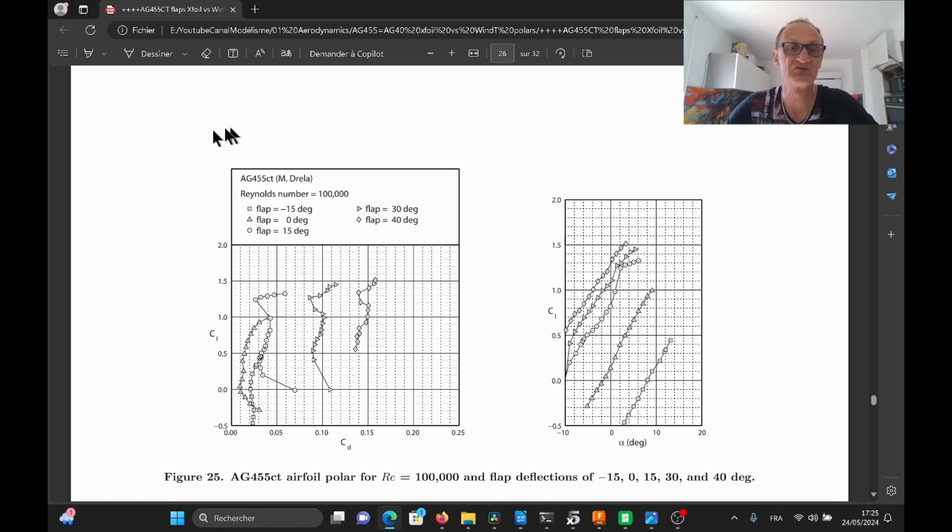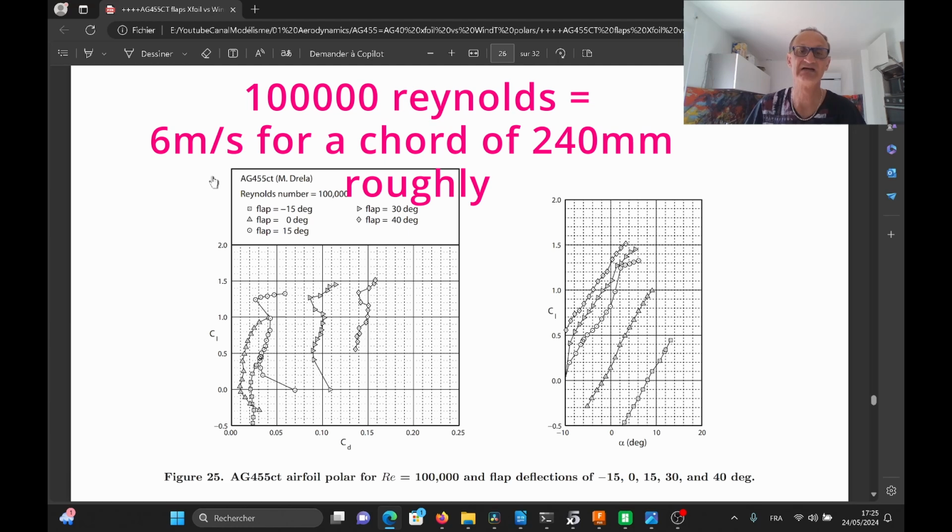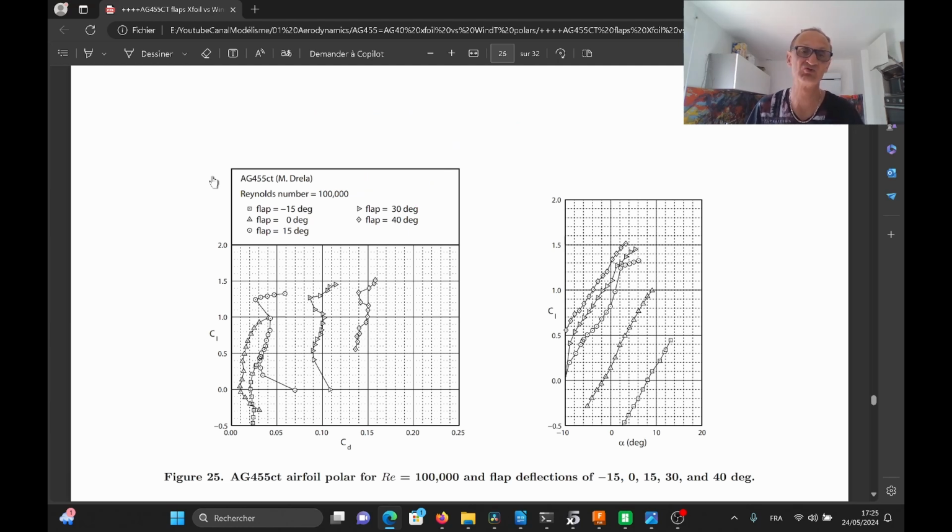And we are interested in this page with this drawing at 100,000 Reynolds. It's approximately a flight at 6 meters per second for a 24 centimeter chord.